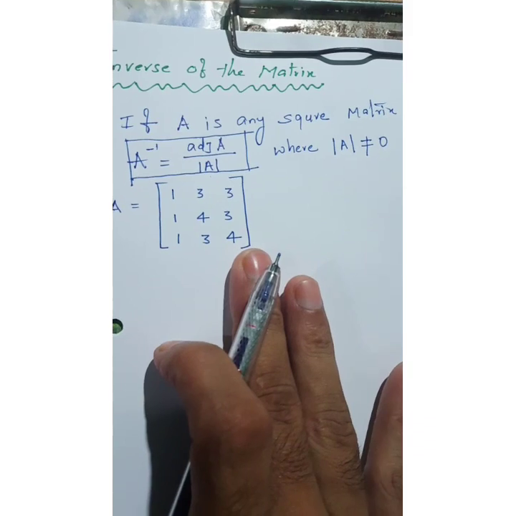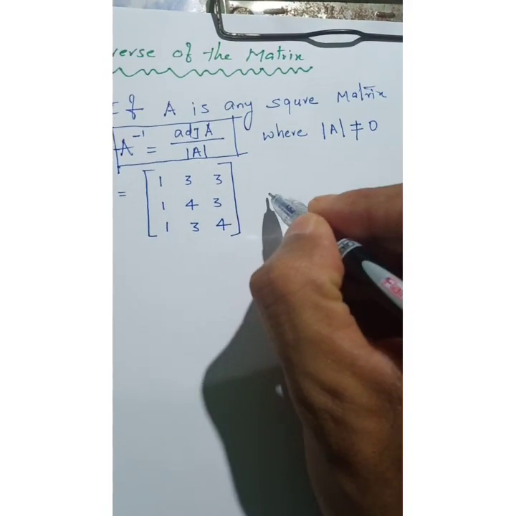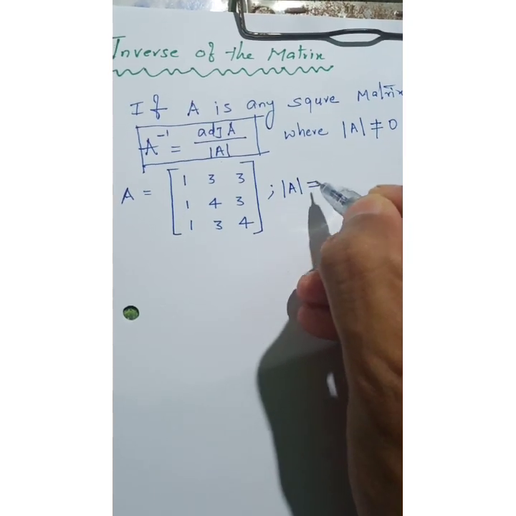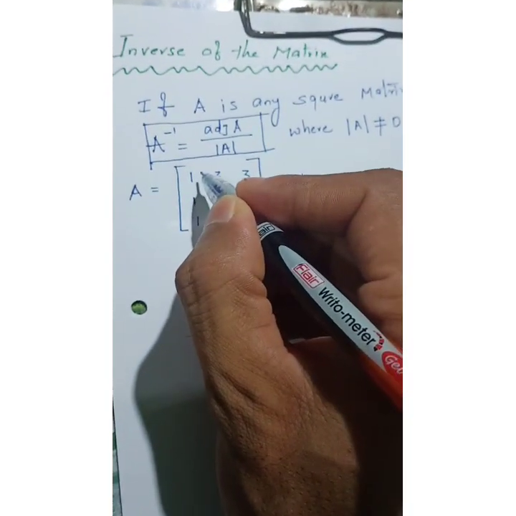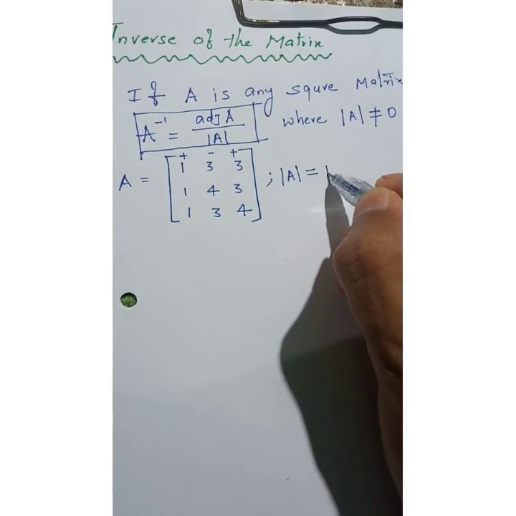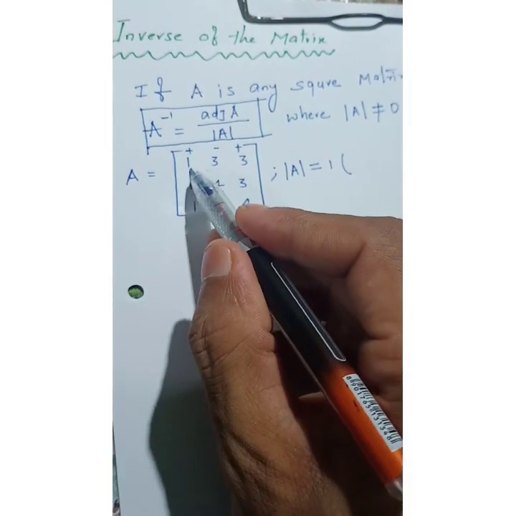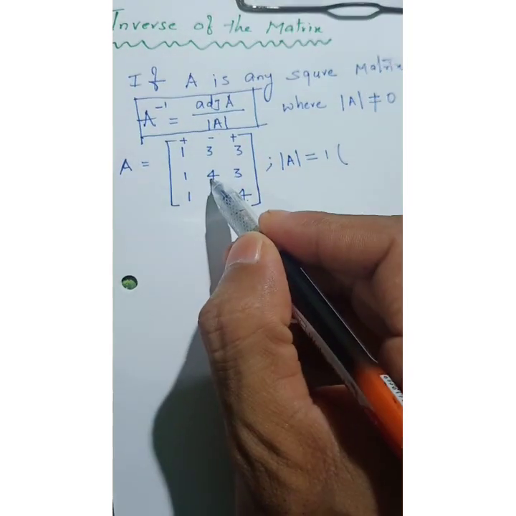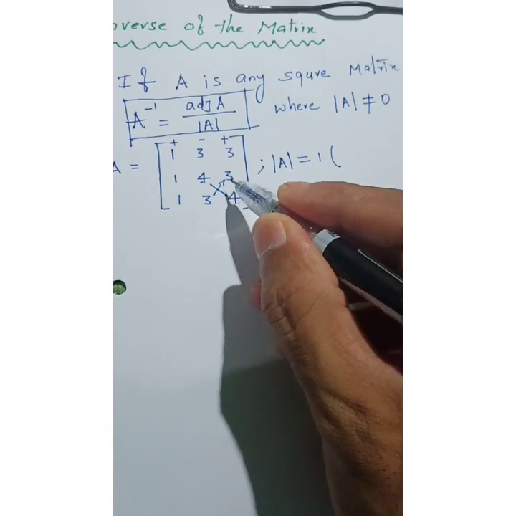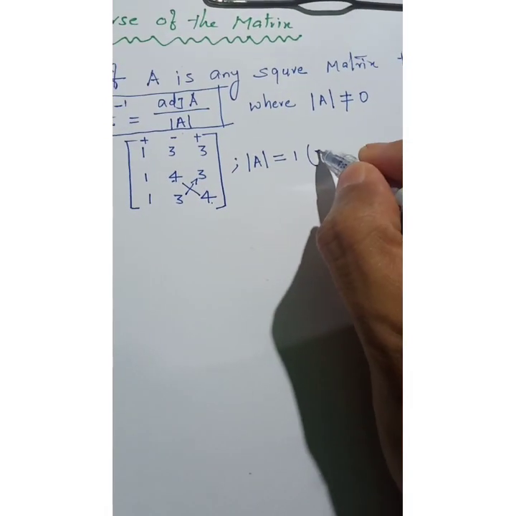So we need to find the det of the matrix first. For this matrix we will find det of A. You know already in determinant what we do: plus, minus, plus. So we take 1 into, ignoring this column and this row, 4 fours are 16 minus 9, that gives you 7.